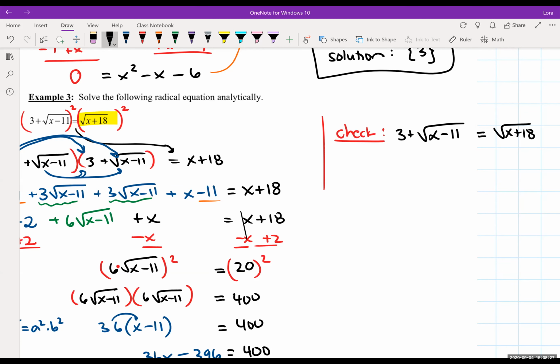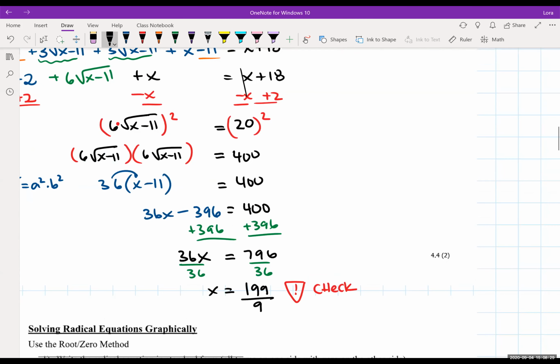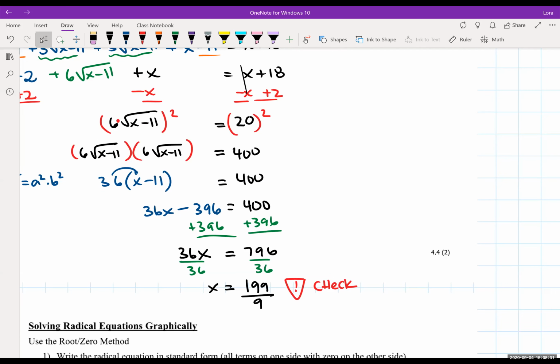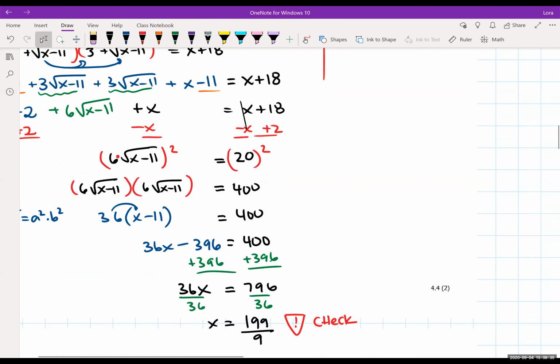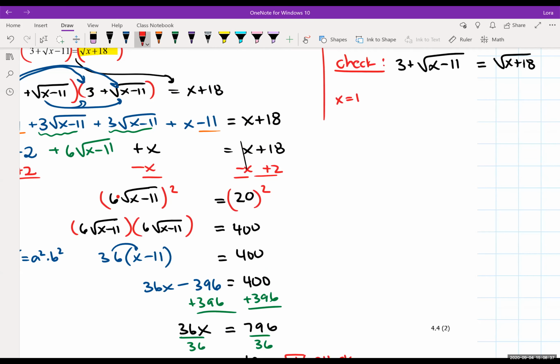I mean, I'm not too excited about having to check it, but we have to do what we have to do. So we're going to test, again, x equals 199 over 9. And this is where I would encourage you to use the fraction key just in case, and maybe I'll show you.